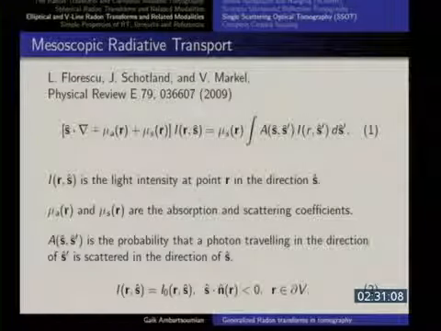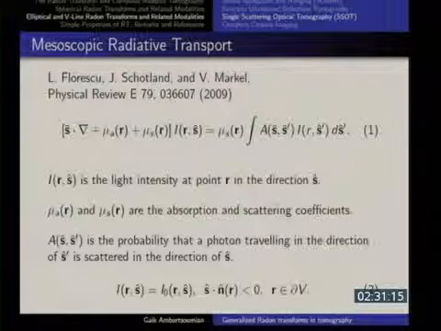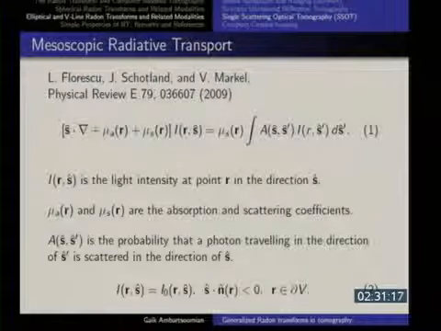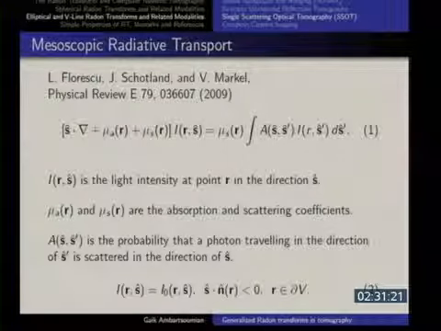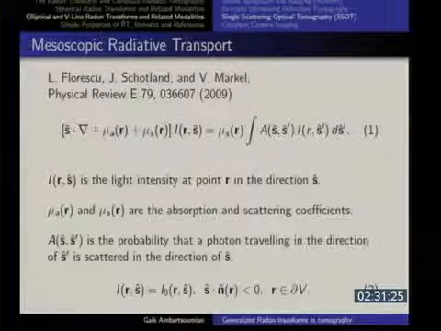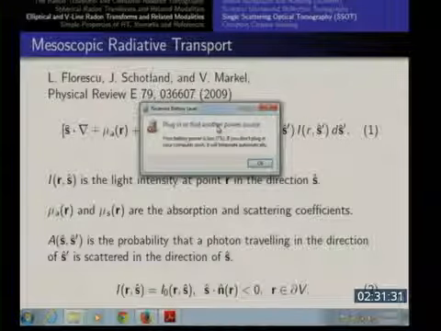This term corresponds to the absorption, heating of the tissue. This is what moves. And this is again the term that you have there. A(S hat, S hat prime) is the probability of the particle that flies in the direction of S prime to be scattered in the direction of S.